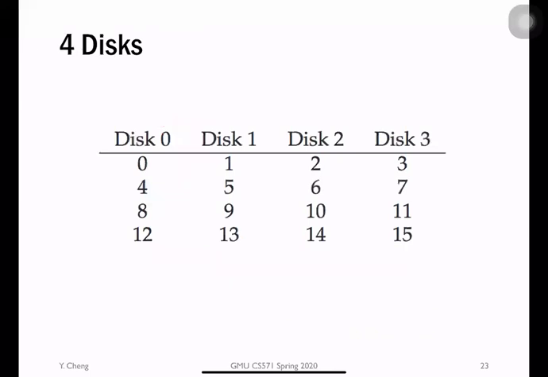So here we're talking about a 4-disk RAID-0, okay? A 4-disk RAID-0, which is a typical configuration for a RAID. In this case, a stripe means a stripe of data that assembles the blocks at the same offset across all 4 disks.